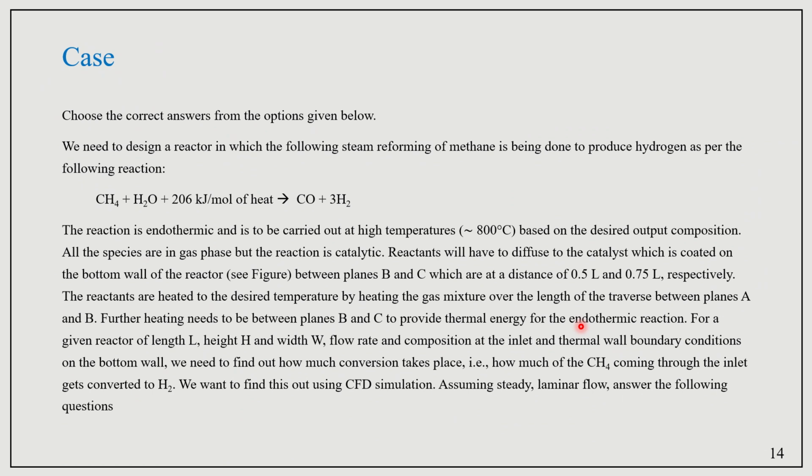For a given reactor of length L, height H and width W, with known flow rate and composition at the inlet and a thermal wall boundary condition on the bottom wall, we need to find out how much conversion takes place, that is, how much of the methane coming through the inlet gets converted to hydrogen.